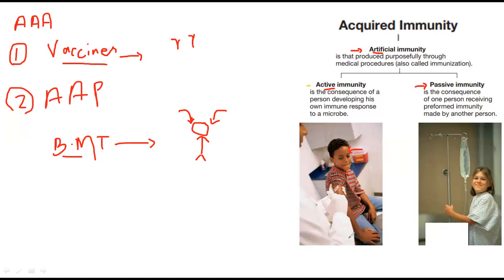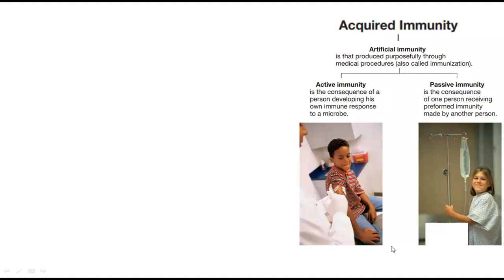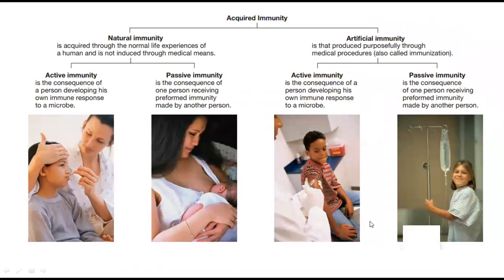I am pretty sure that now you have understood the difference between natural immunity and artificial immunity, what natural and artificial immunity basically are, and the basic difference between active and passive immunity.